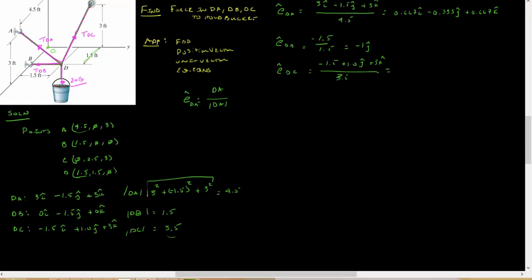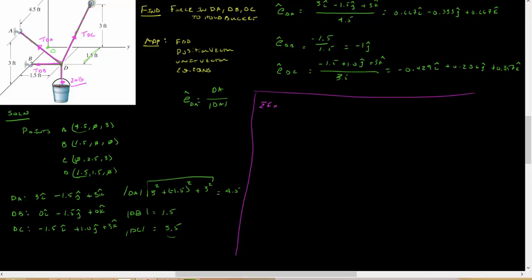Throwing this in our calculator, I come up with negative 0.429i plus 0.286j plus 0.857k. Alright, so now we're going to use our equilibrium equations.